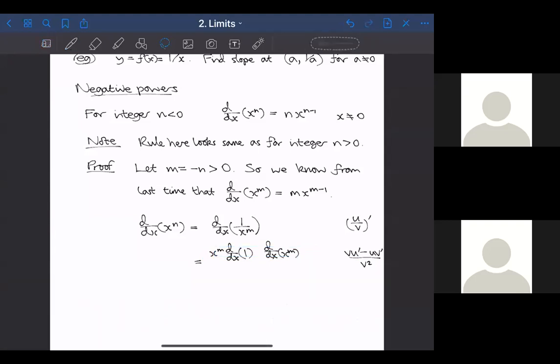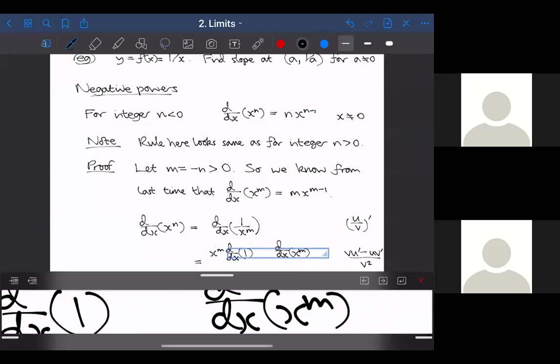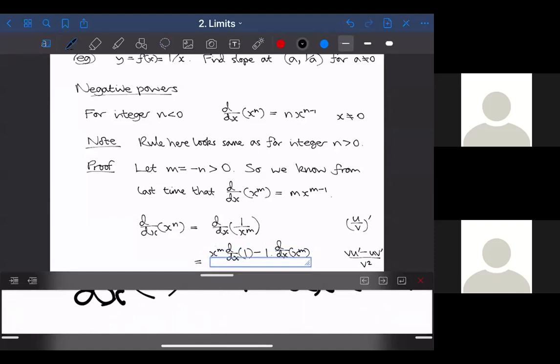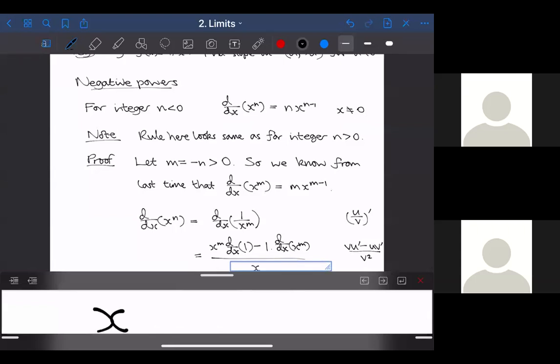So that's going to be 0. But let me continue. So then I take minus what's on the top times the derivative of what's on the bottom. And I divide by x to the power 2m.